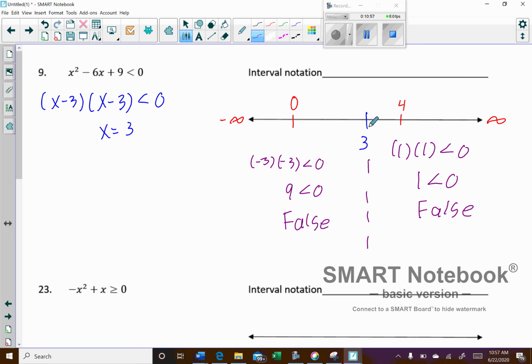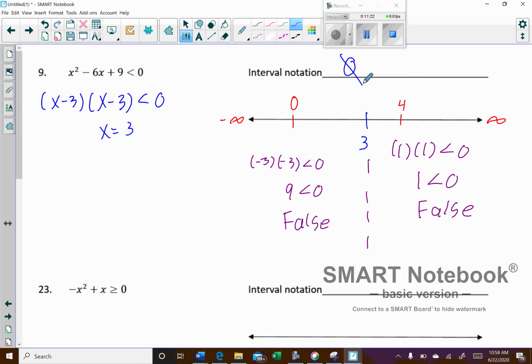What about my boundary point, my x-intercept? If I plug in 3, would that be true? Let's see, if I were to plug in 3, it would be 0, but 0 is not less than 0, so that'd be false too. So actually, there's no solutions. It's an empty set. On your homework, you'll see a little symbol like this, which just means empty set.